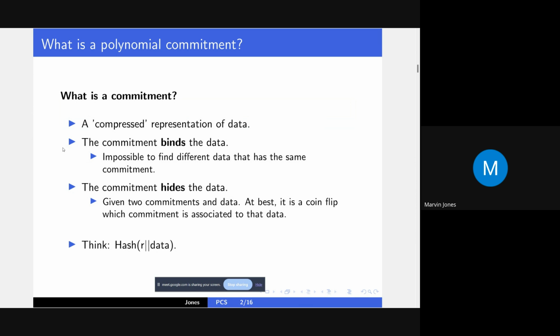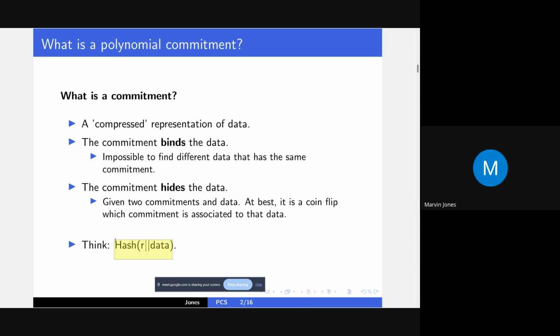You wouldn't be able to necessarily find another piece. And they also have a nice preimage protection where if I give you a hash, you can't work backwards essentially. So that maintains this hiding property.